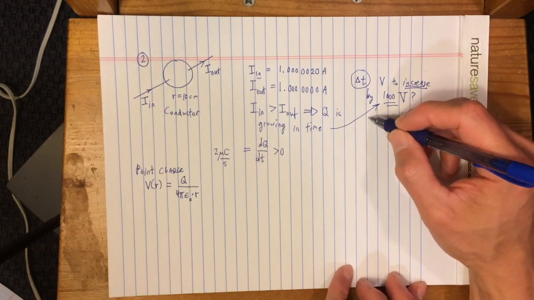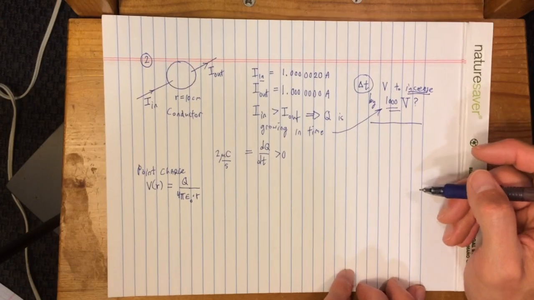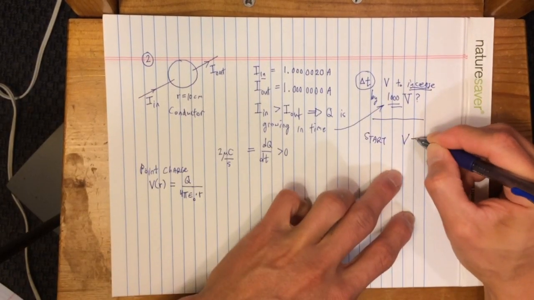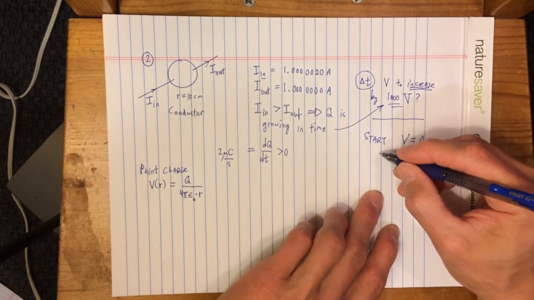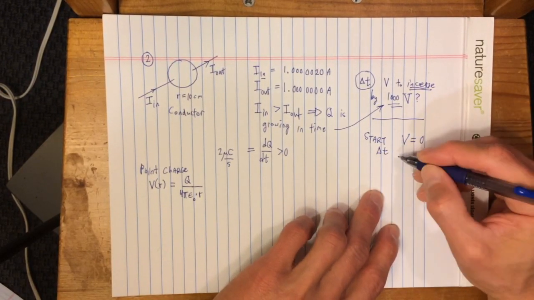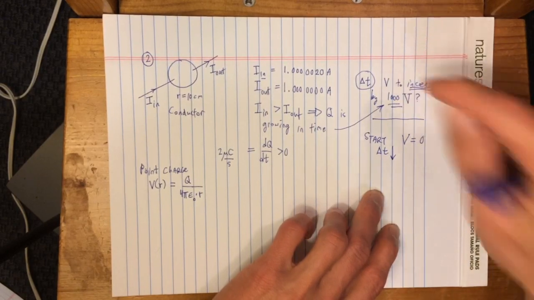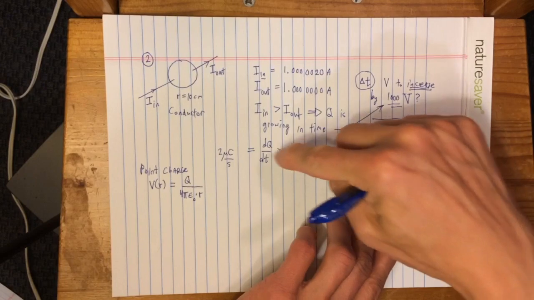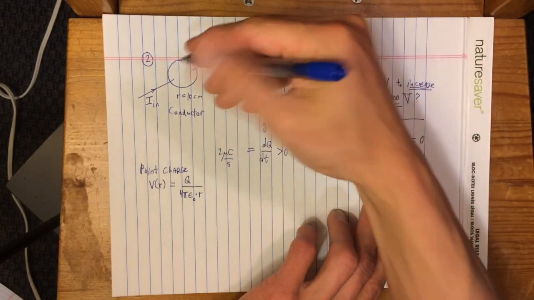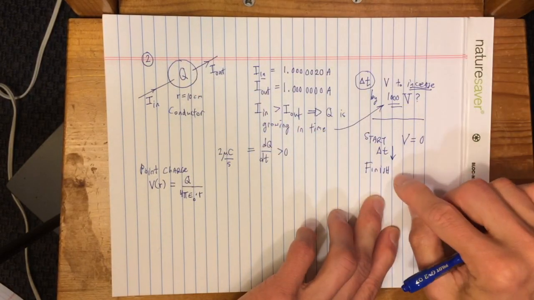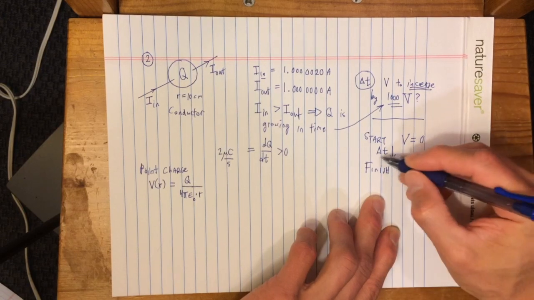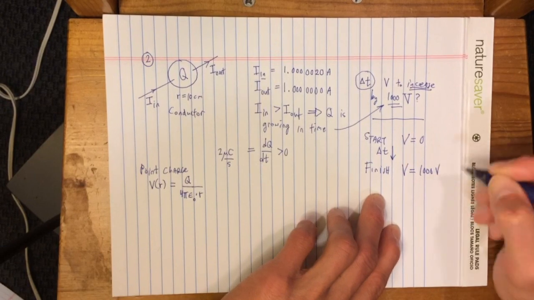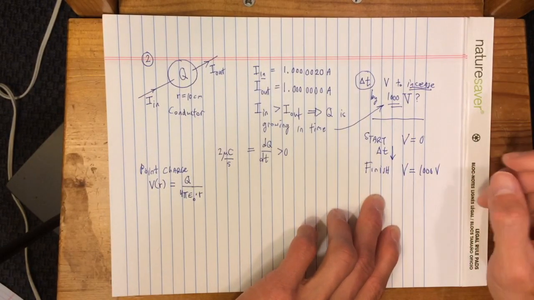So this story could be that we start with V equals 0, and we wait an amount of time, delta t, that we're interested in, and because we're accumulating charge on this conductor, we finish sometime later with the voltage of 1,000 volts. I bet that'll be good enough.